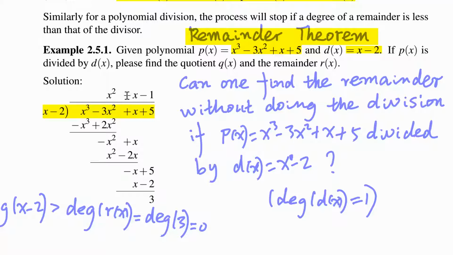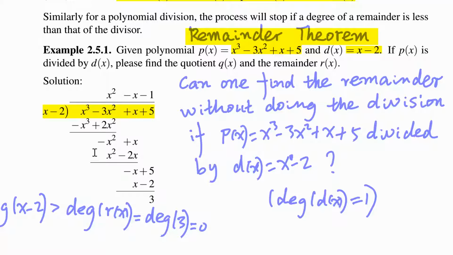Then we need negative x times positive x, which gives negative x squared here. Again, we do subtraction, so it comes to be positive. And then negative x times negative 2 is positive 2x. We do subtraction, so we have negative 2x.